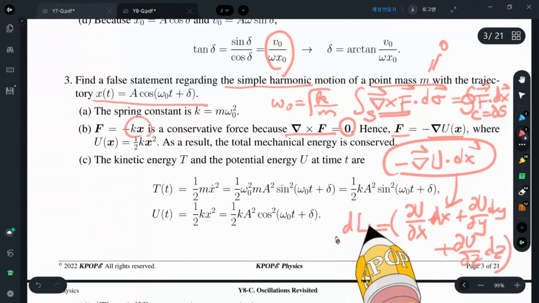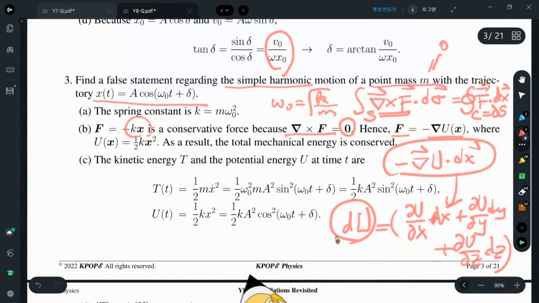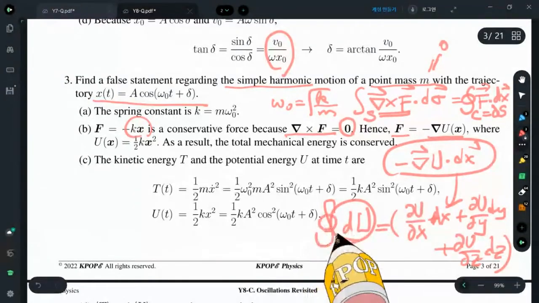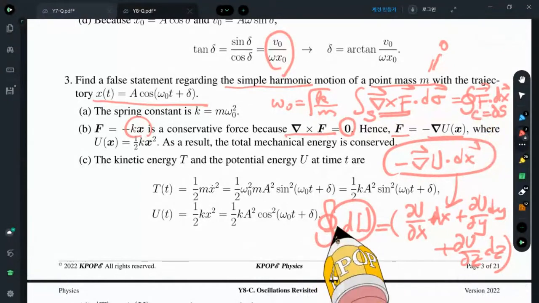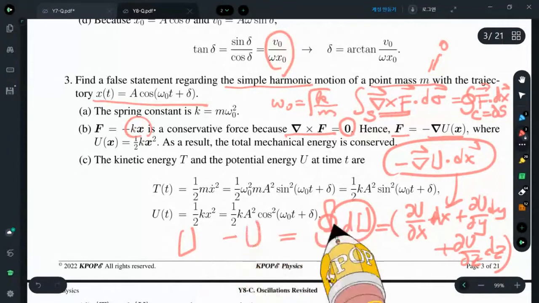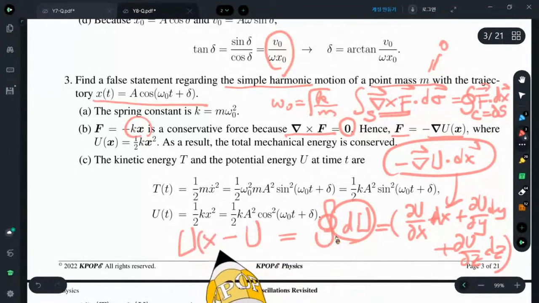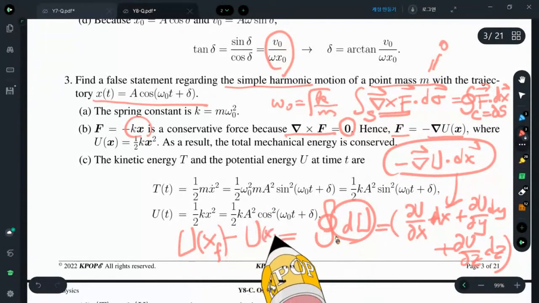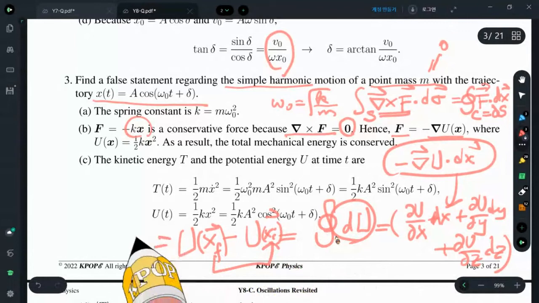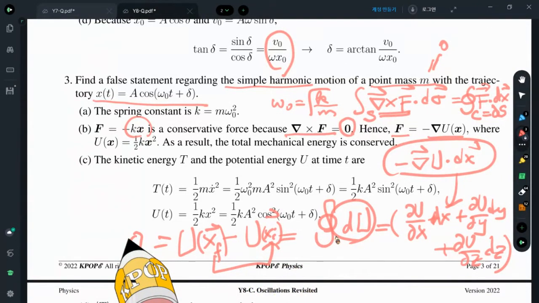This is the total differential of this scalar function. So for the total differential of the scalar function, evaluation of this integral is trivial. That is U at the final point minus U at the initial point. However, it is a closed path. These two are the same. That is 0. So this is the complete story of the conservative force.